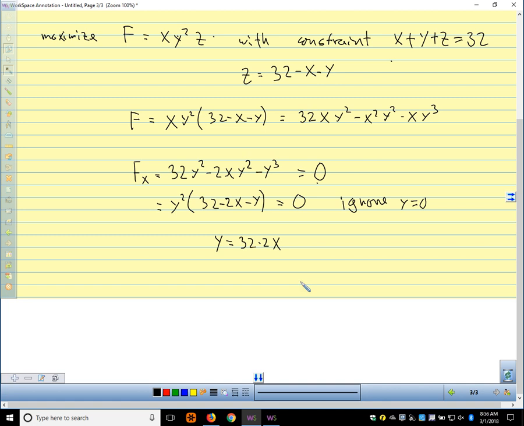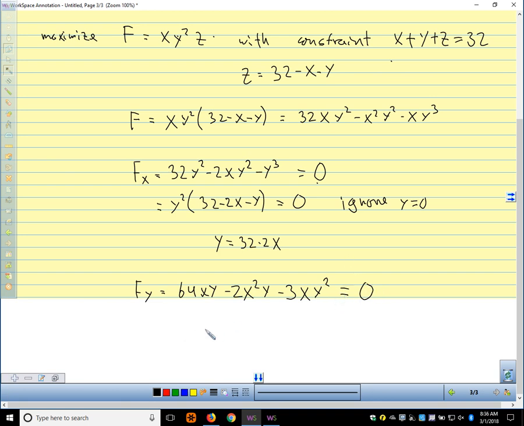And we're going to substitute that into what we get for the partial with respect to y. So now we have something to substitute. F sub y is 64 x y minus 2x squared y minus 3x y squared, and that's going to equal 0.